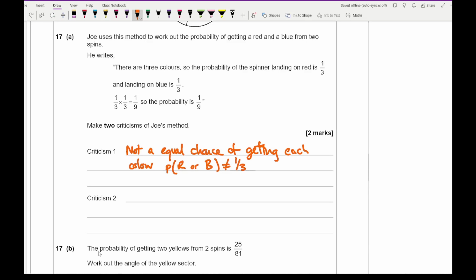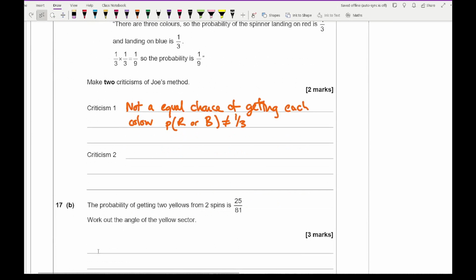You could also go along the lines of saying that red is going to be equal to 1/4. Another one is that he should multiply by 2 rather than squaring.